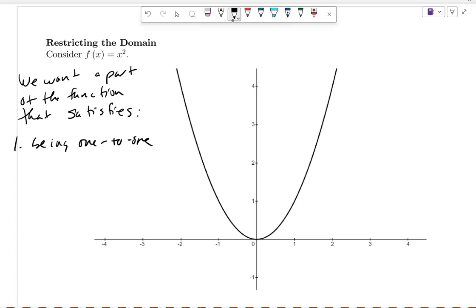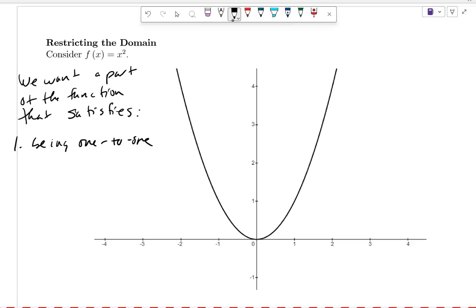Well, there's lots of options, right? I could do that little bit if I ignore everything else. That's certainly one-to-one, right? Or I could do a little bit over here. That's one-to-one. I can't do that. That's not one-to-one, right? But I could cut a little piece over here. I could cut a little piece over here.